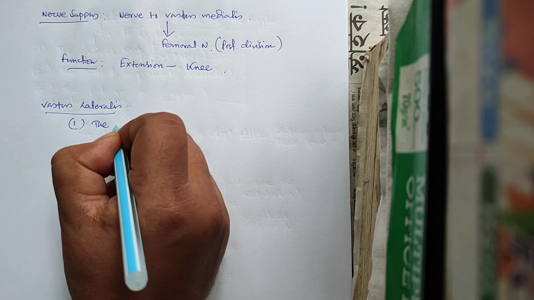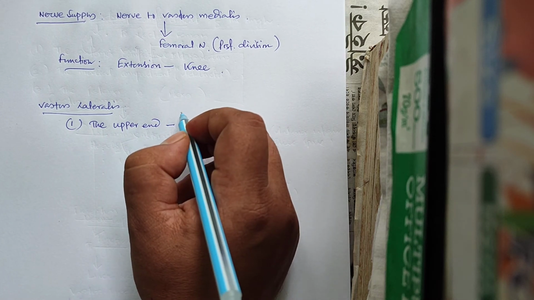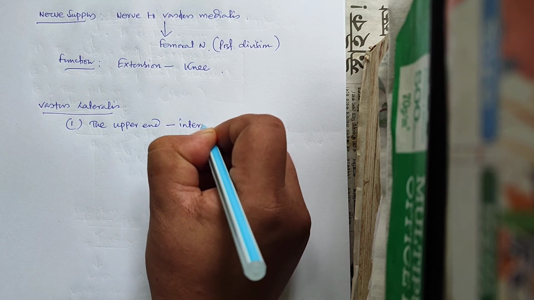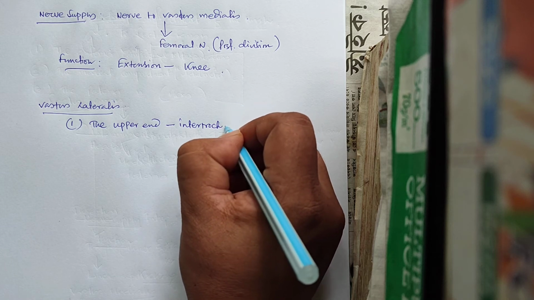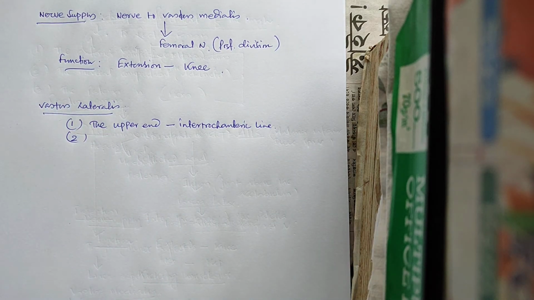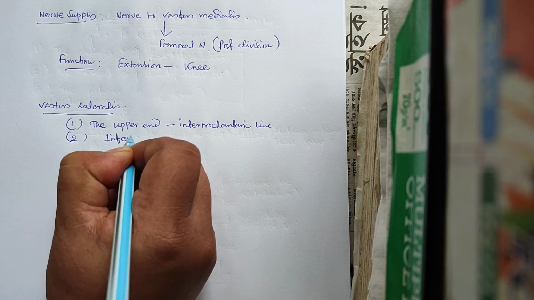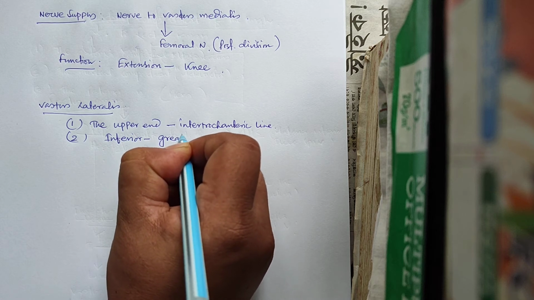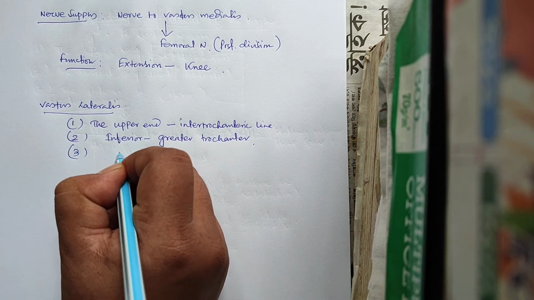Then the inferior border of the greater trochanter, and the anterior border of the greater trochanter.